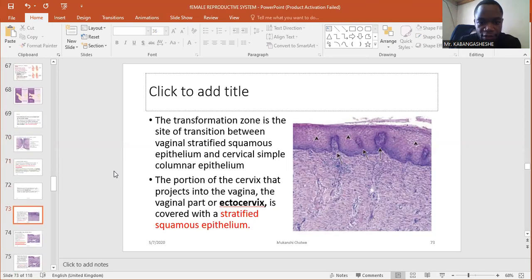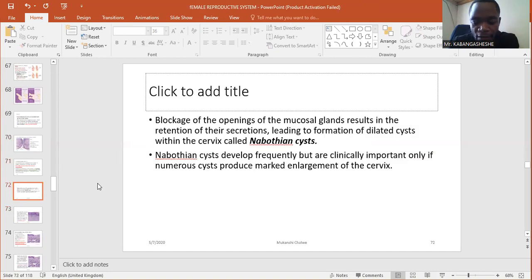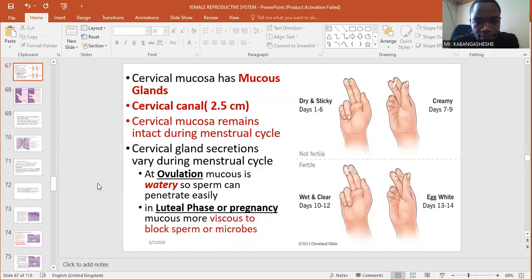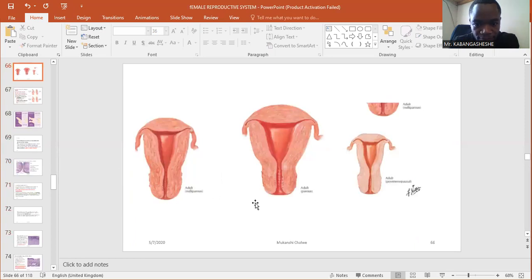So this is still showing us the ectocervix. Remember, the ectocervix is the part of the cervix that is in the vagina. Then the endocervix is the part of the cervix that is closer to the uterus. Here, that part is the ectocervix, and that is the endocervix.